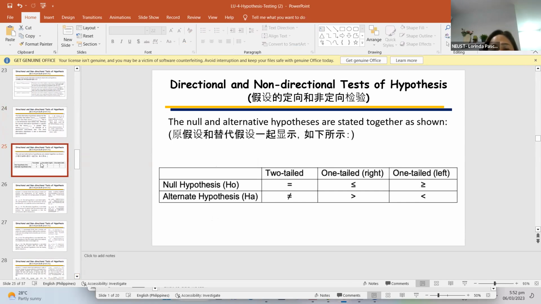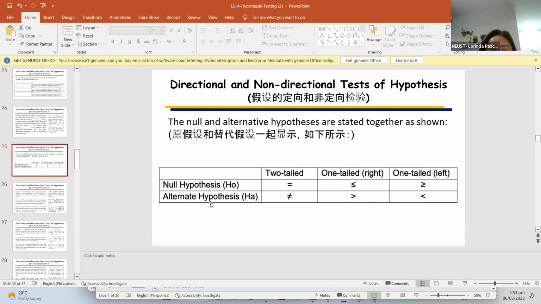So the null and alternative hypothesis are stated together as shown. So ito, i-simplify lang natin through a table. So for the null hypothesis, H0, two-tailed meaning equal, there is no difference. For one-tailed right, either less than or equal to, or for a one-tailed left, greater than or equal to.